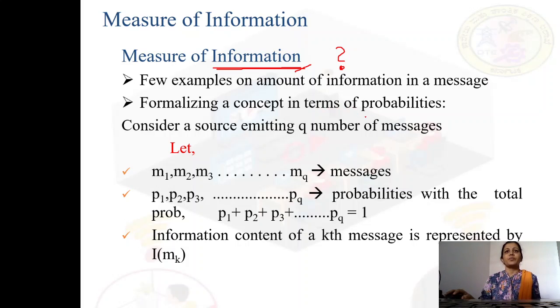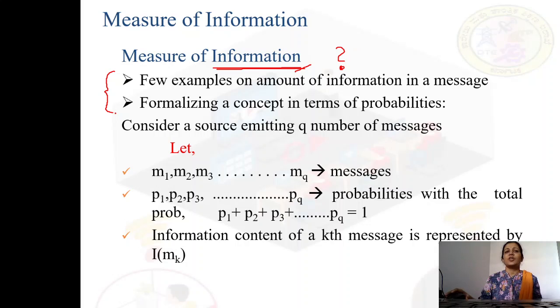Okay. Just to clear the exact difference between the data rate and the information rate, let me consider an example. If I generate a message like "sun rises in the east" and send it at a particular data rate, and the data is received properly at the receiving end, then after receiving it, if someone reads that sentence, they will say there is no new information in this message, because everyone knows that sun rises in the east.